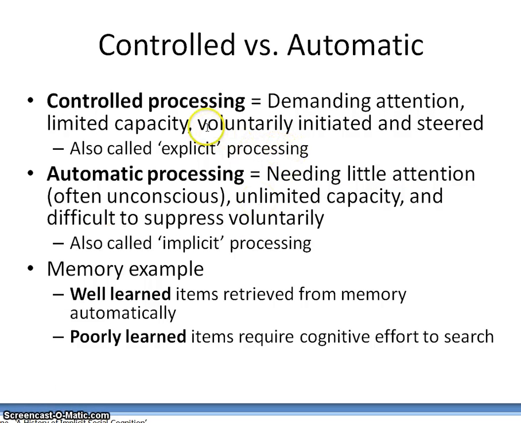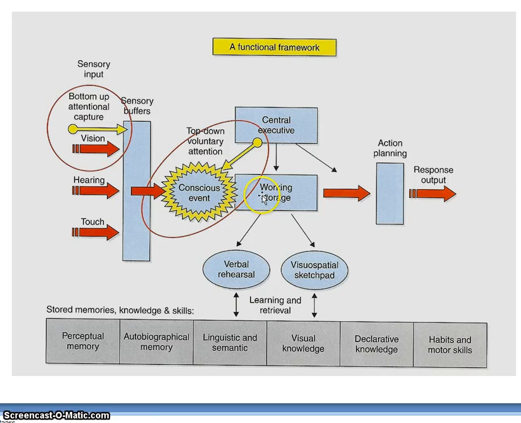And finally, if we look at the other differences, voluntarily initiated and steered versus difficult to suppress voluntarily, again, the controlled systems are associated with the attention systems, right? So it's the central executive that can steer our attention from one thing to another. And this is what the controlled systems are involved with.